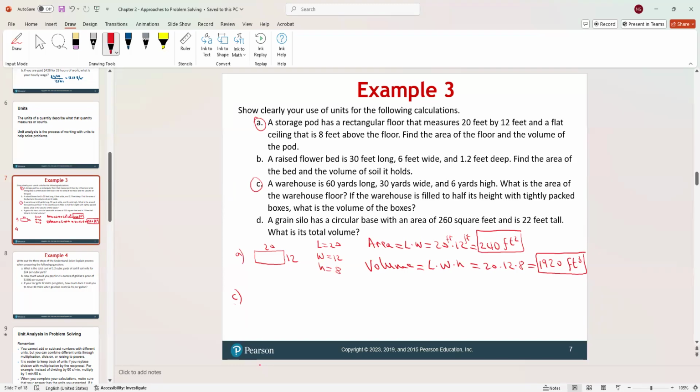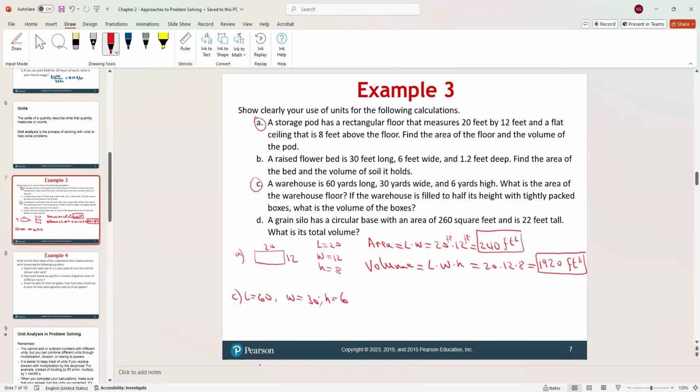The C says a warehouse is 60 yards long. Now we're dealing with yards, right? A warehouse is 60 yards long and 30 yards wide. So we have the length 60, we have the width 30, and we have the height 6.